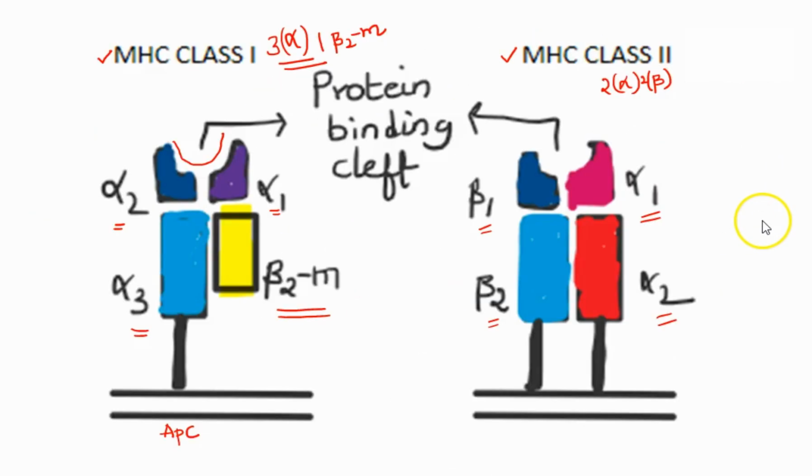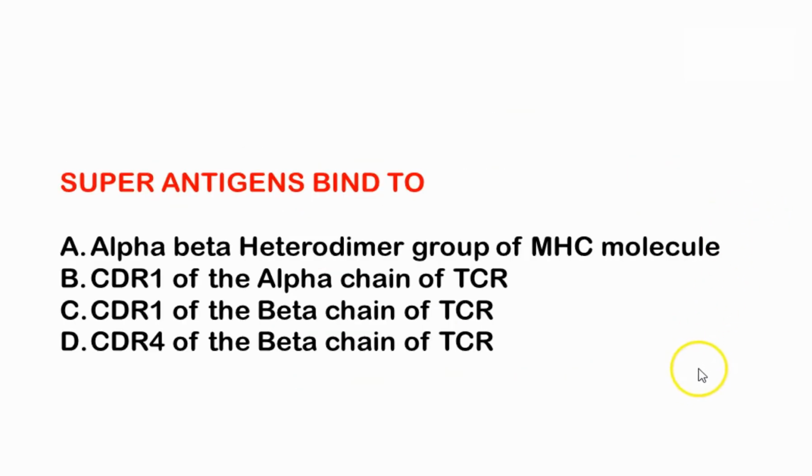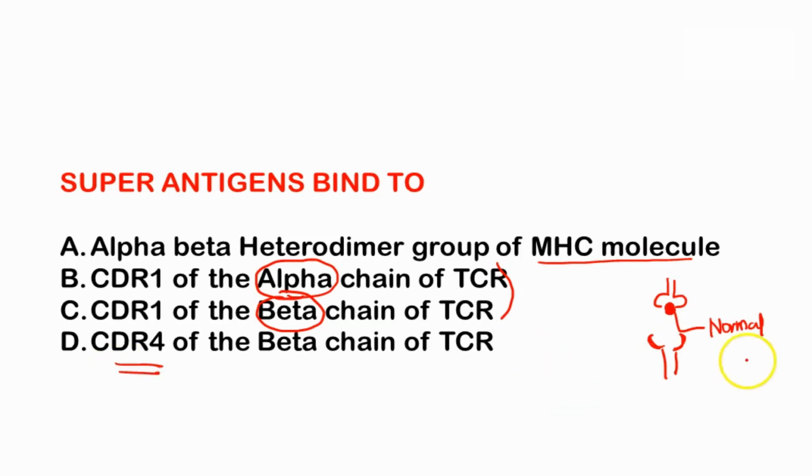So let us go to the question again. Superantigens bind to alpha beta heterodimer group of MHC molecule? Normal antigen binds here. CDR1 of the alpha chain and the beta chain of the T cell receptor also form a loop, and this loop is again bound to the normal antigen. But CDR4 is not involved in normal antigen response; whenever a superantigen comes, it directly binds to CDR4 of the beta chain of the T cell receptor.